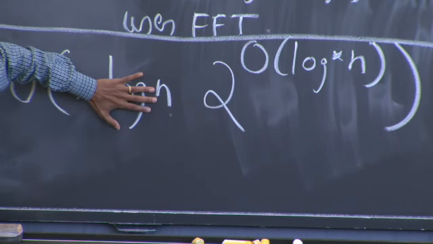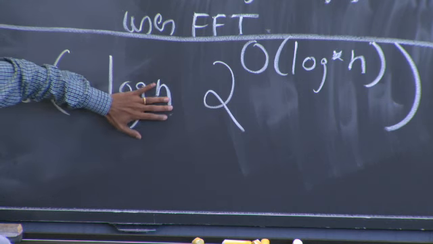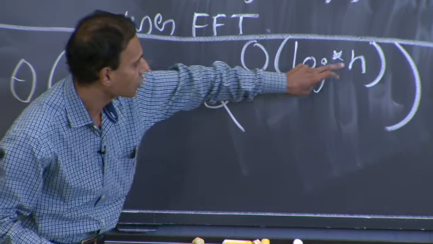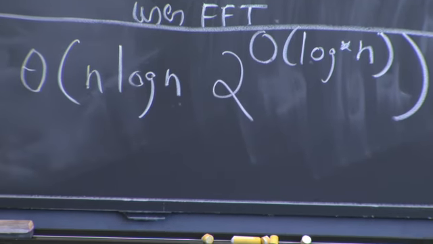This is like sorting. It doesn't really use sorting, but that's n log n. And then you have this 2 raised to big O log star n, and you need to define what log star n is.